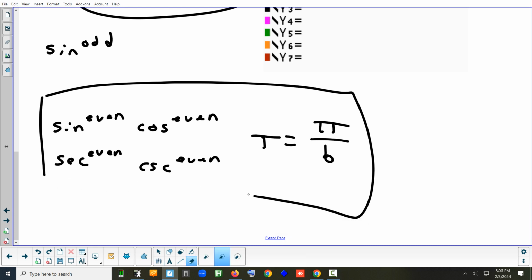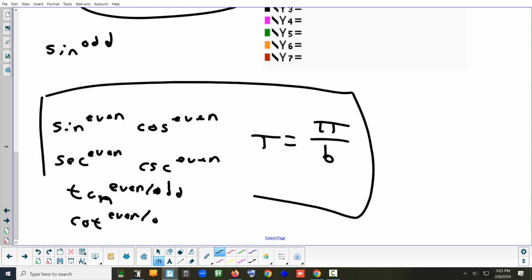Actually, I messed that up. Tangent to an even or odd is also pi over b, and cotangent to an even or odd. So those are all pi over b.